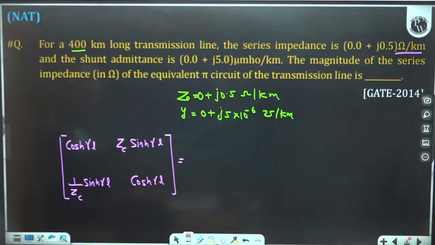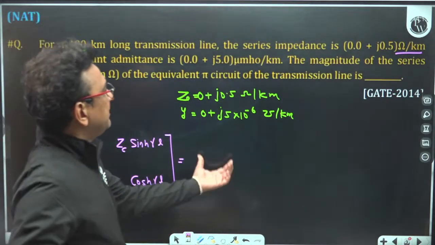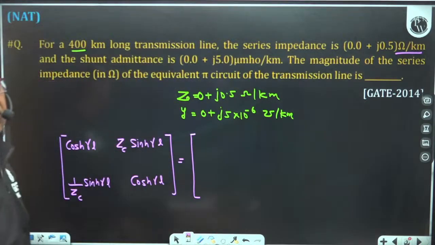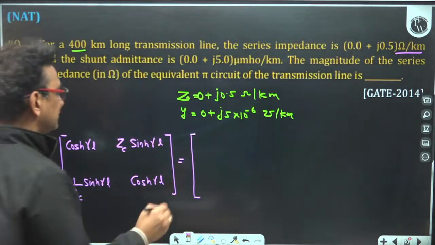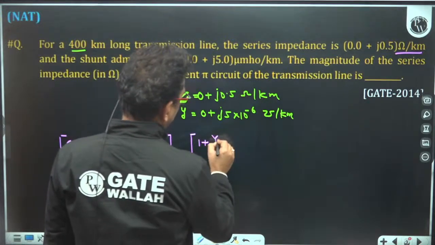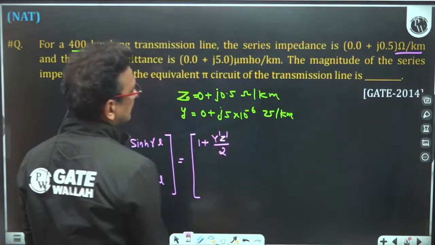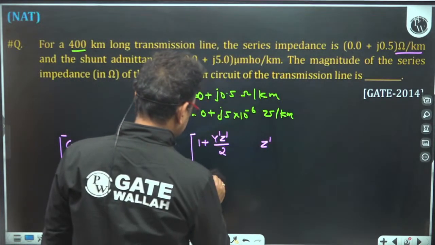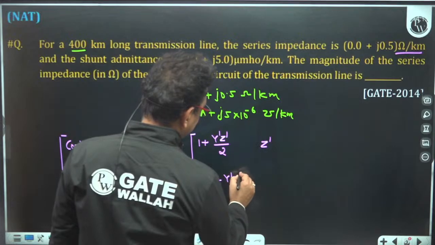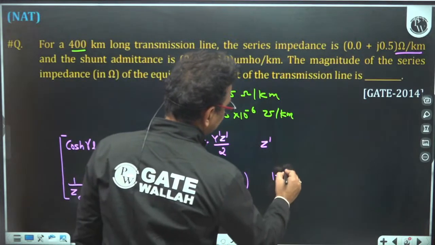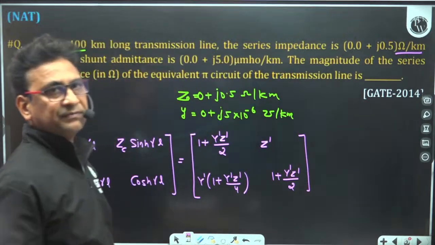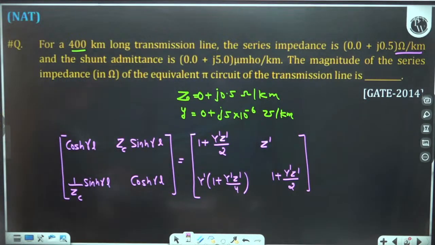Now, what is the ABCD parameter of the pi network? I am assuming that the impedance is Z dash and the admittance is Y dash. So 1 plus Y dash Z dash by 2, Z dash, Y dash times 1 plus Y dash Z dash upon 4, and 1 plus Y dash Z dash upon 2. This is my ABCD parameter of the equivalent pi network.